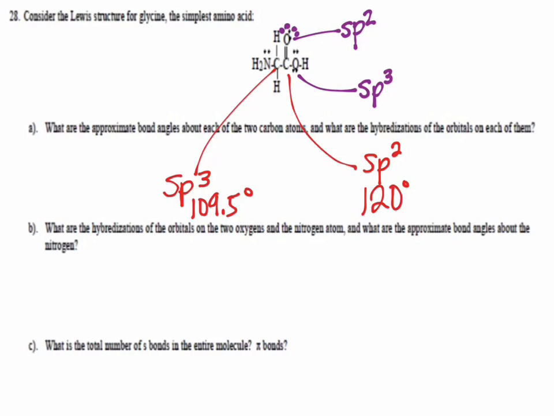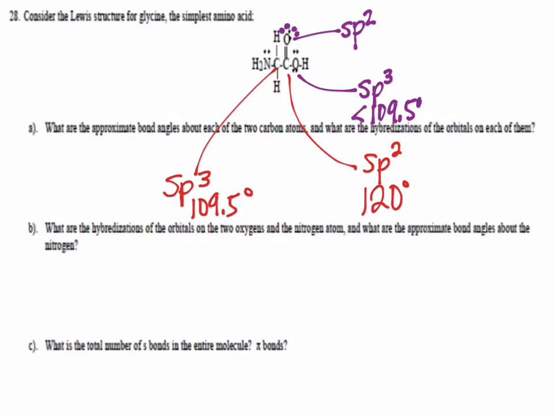What is the bond angle? 4 areas around it, 2 lone pairs on it. It's tetrahedral. Yeah, so it would be less than 109.5.